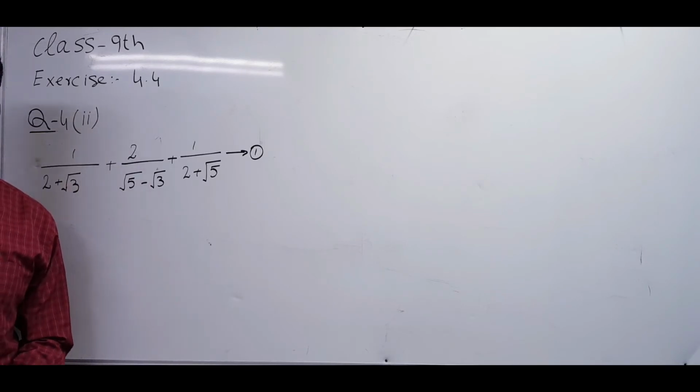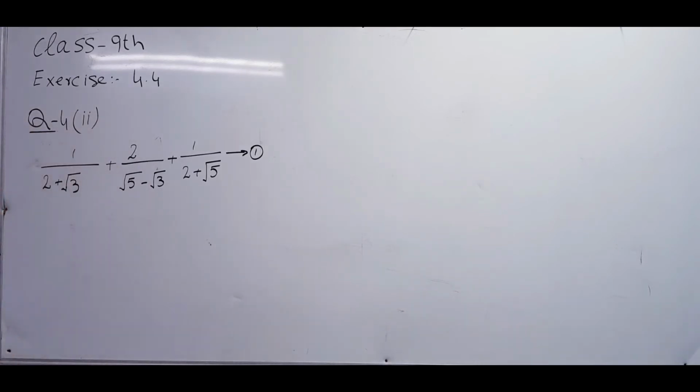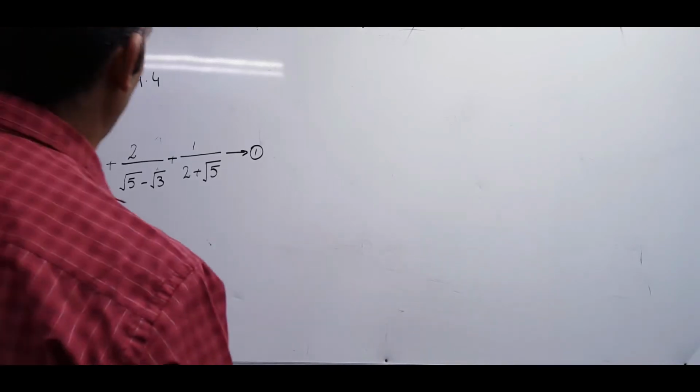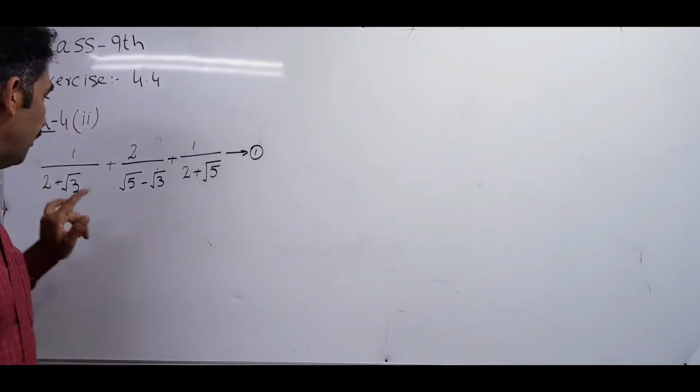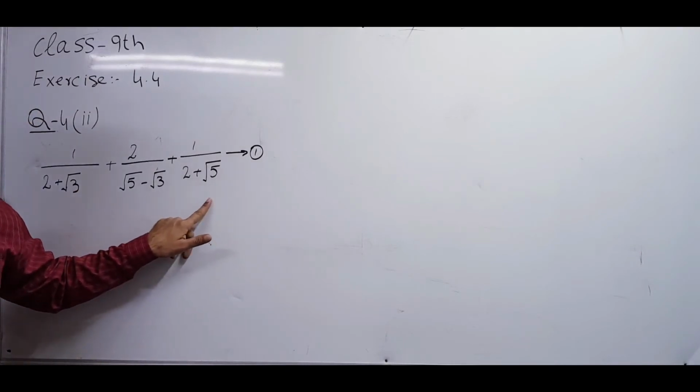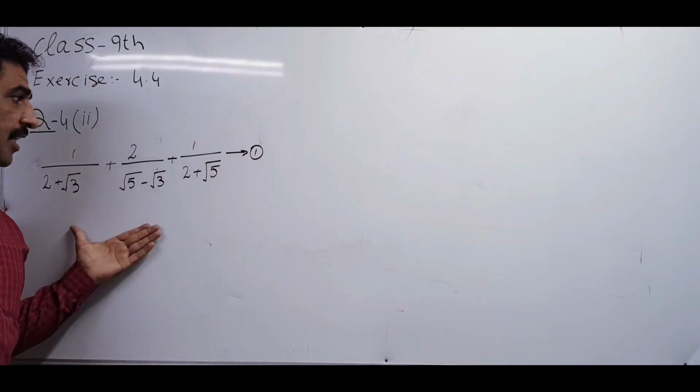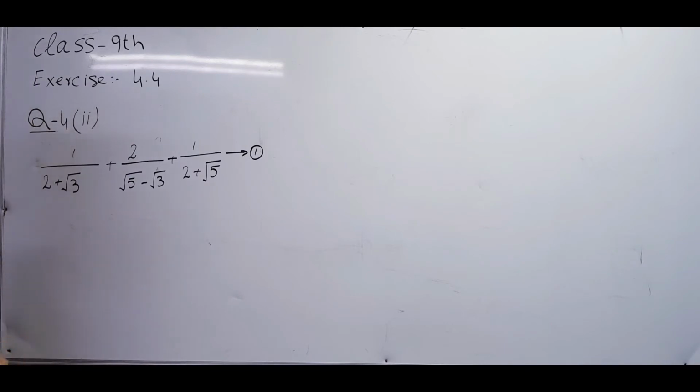What did we solve in question number 1? Just a second. So what we did in question number 1, we will make its 3 parts. Solve the 3 parts, then add in equation number 1 or simplify in equation number 1. First we will solve only its first part.